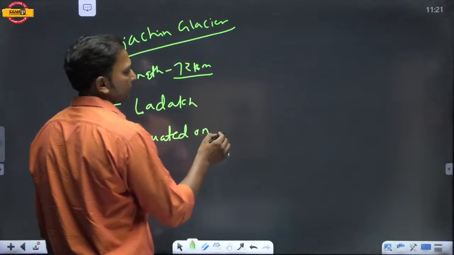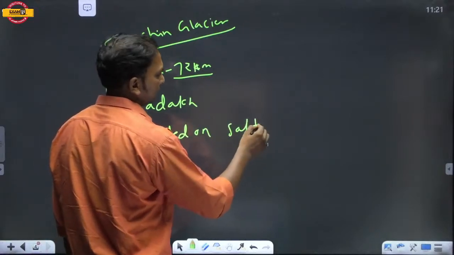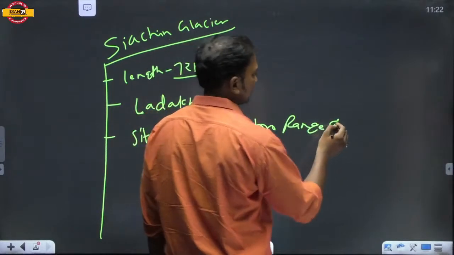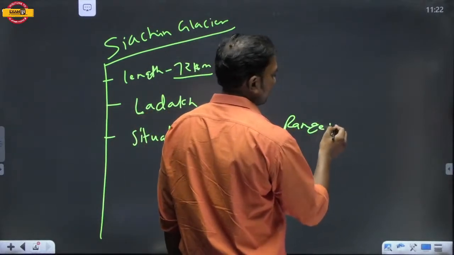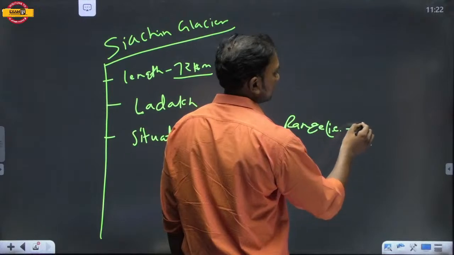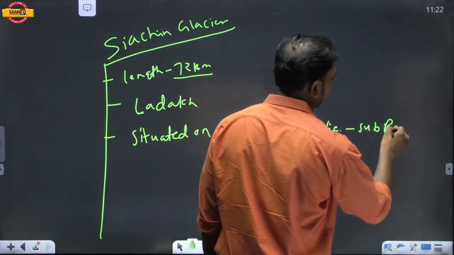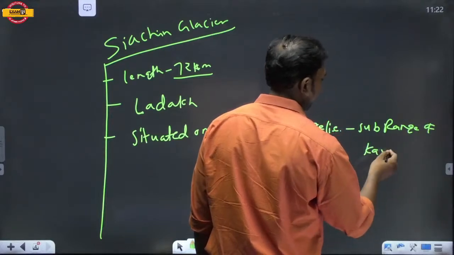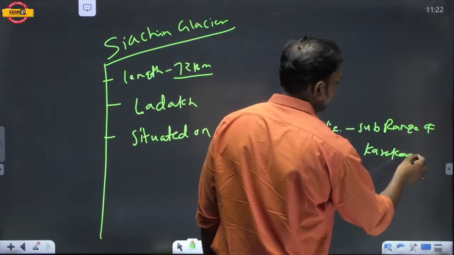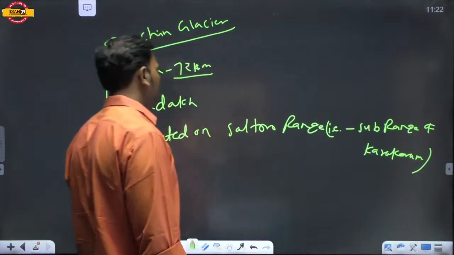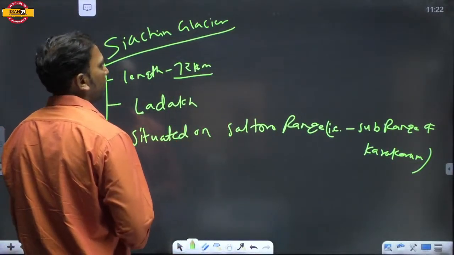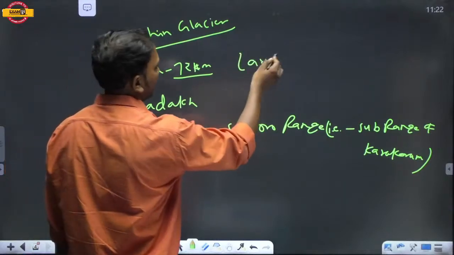Situated on the Saltoro Range, that is a sub-range of Karakoram. Then, largest glacier of India.